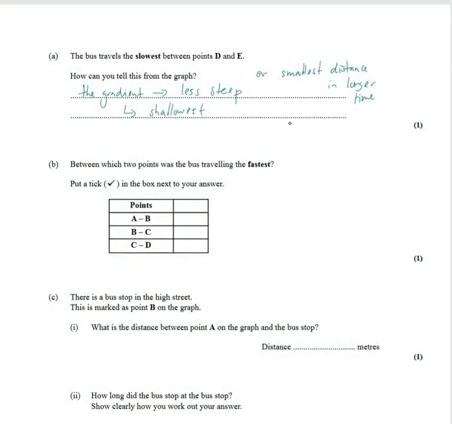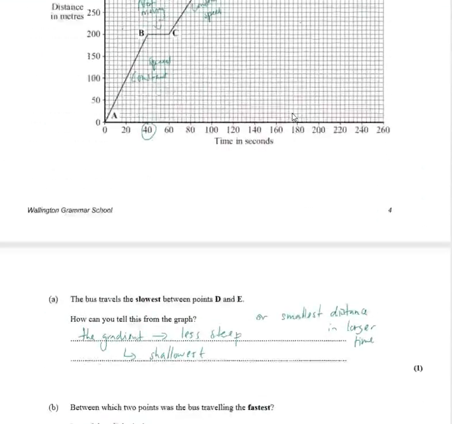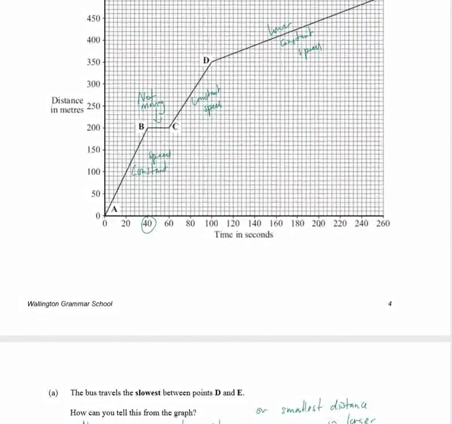Which of these 2 points was the bus traveling the fastest? Now, fastest means speed has to be higher. This here is a lower constant speed because the line is less steep.